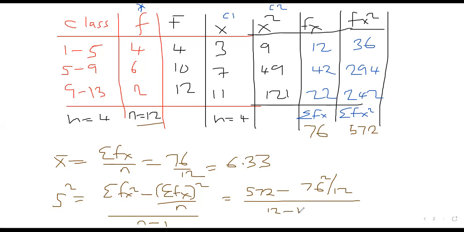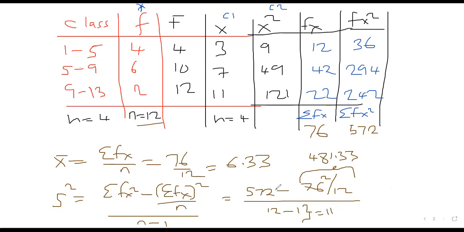So that is 76 squared divided by 12. You start from this part here, because the calculator may mess you if you're going to use BODMAS. So this alone here is giving you 481.33. This alone here is giving you 11.